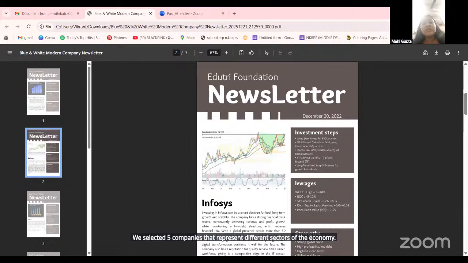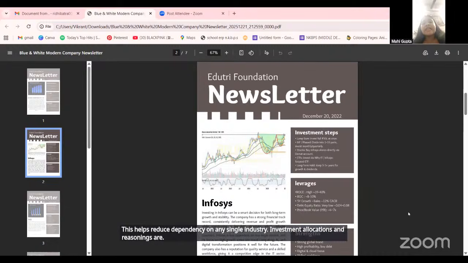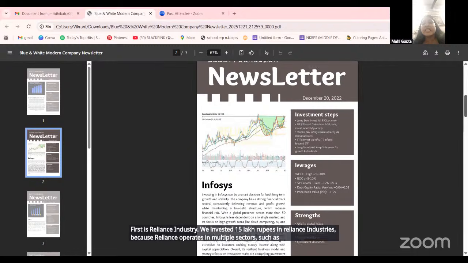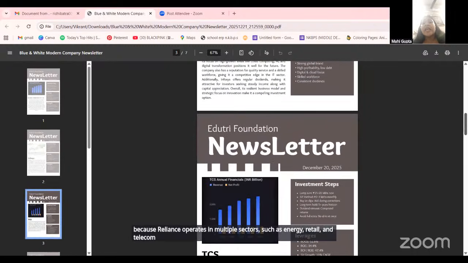This helps reduce dependency on any single industry. The investment allocations and reasonings are: first is Reliance Industries. We invested 15 lakh rupees in Reliance Industries because Reliance operates in multiple sectors such as energy, retail, and telecommunication.